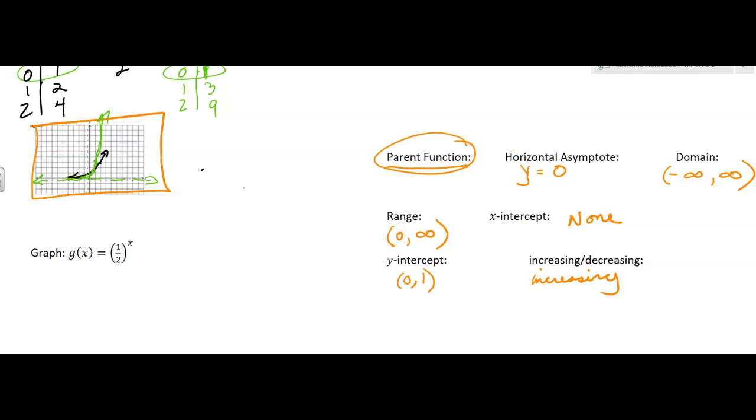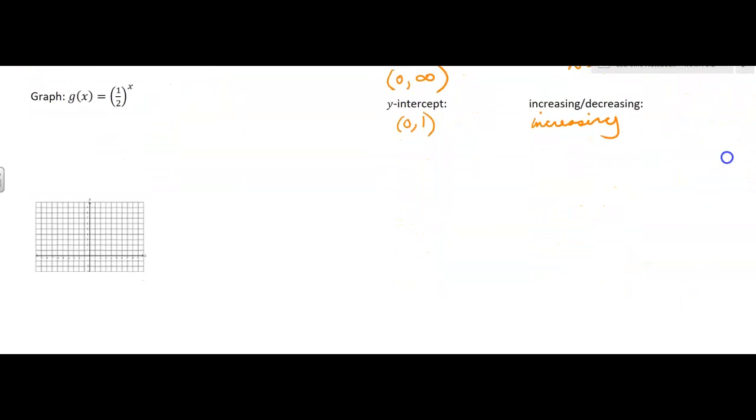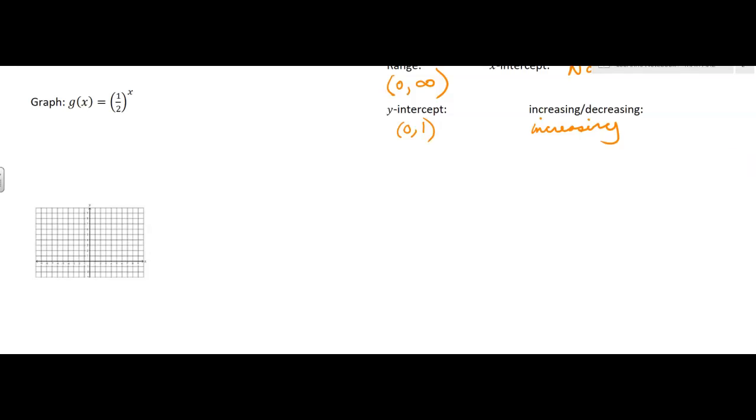Okay, now we're going to do another graph. So we have a base of 1/2. So it's like a new parent function here. And don't get too concerned about that phrase parent function. You'll see it later in this section how we're going to use it.